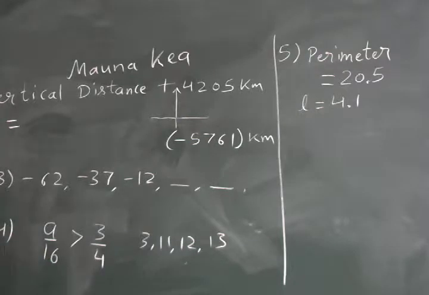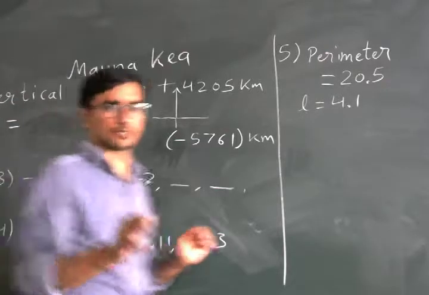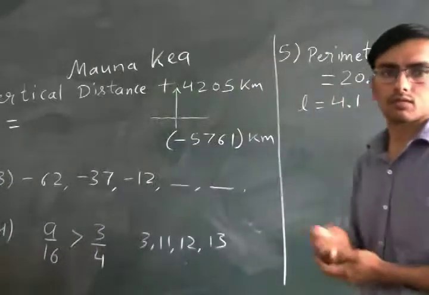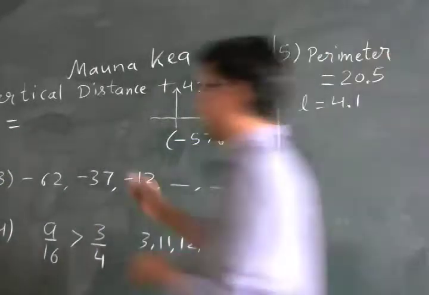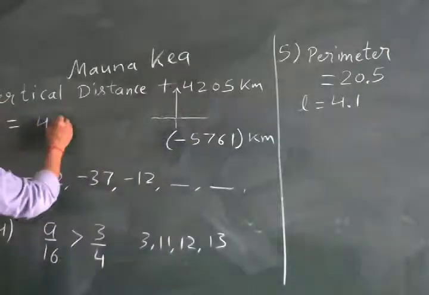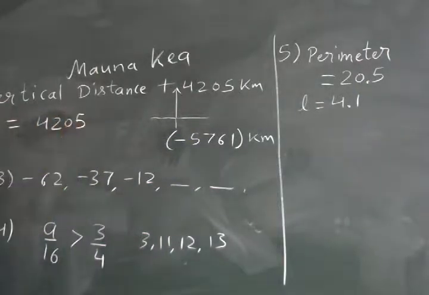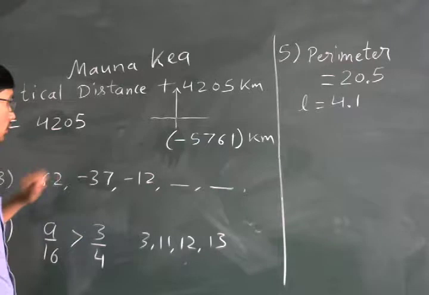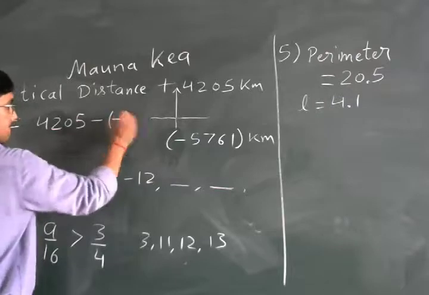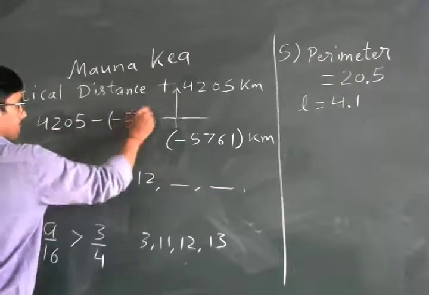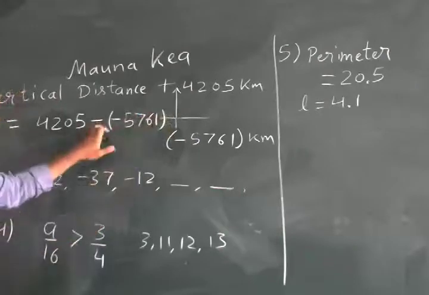Sir, we have to add. Fine. So how will we add? Which is the bigger number? 4205 plus 5761. So we should write minus. Okay?